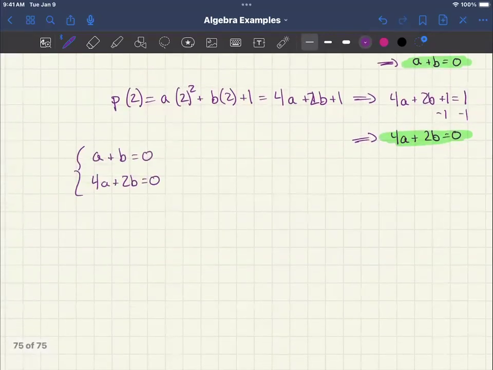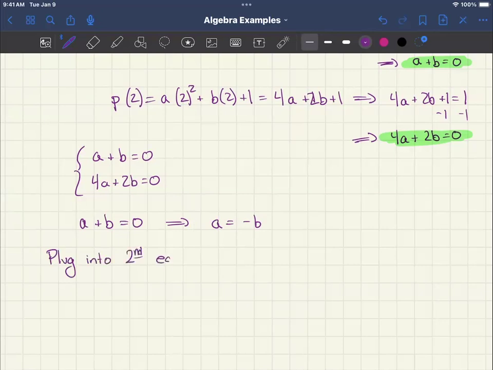In this case, I think it might be easier to solve our first equation. We'll do a substitution here. We'll start with a plus b is equal to 0, which gives us a is equal to negative b. And we'll plug that into the second equation, abbreviated EQN.